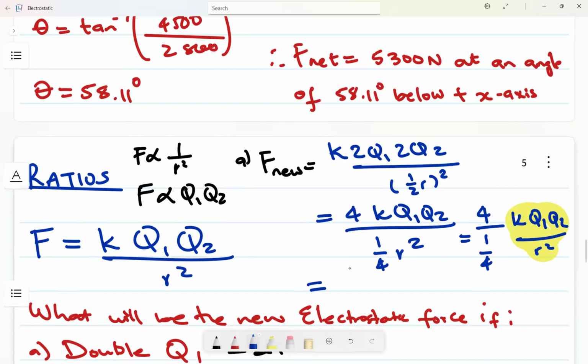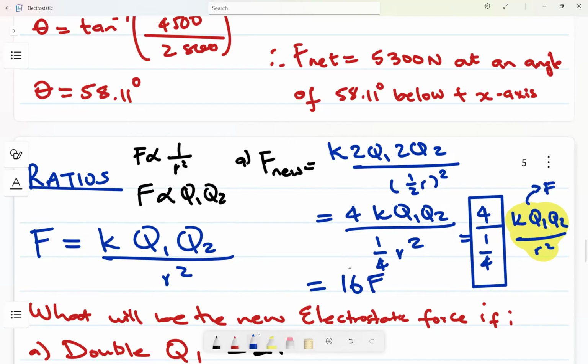But now what I want you to do is punch this on your calculator and see how much you get. When you do that, you say 4 divided by 1 divided by 4. Again, you agree with me, you get something like 16. So it means now this will be 16F, because this is always F. Then 4 divided by this one is also 16.